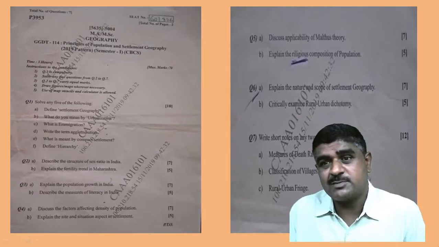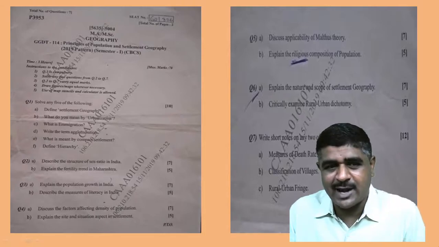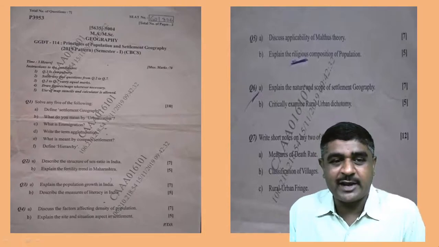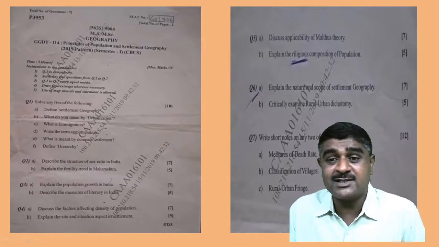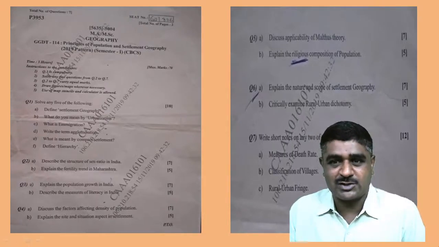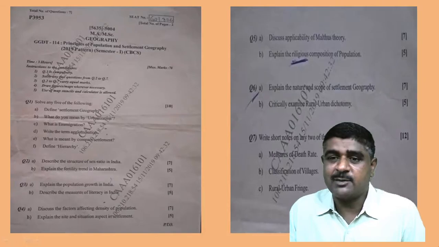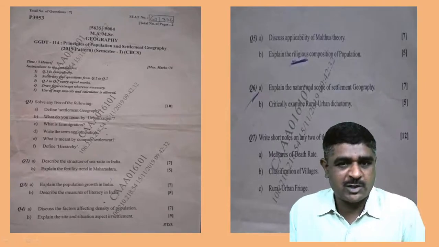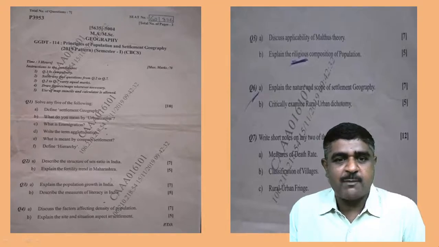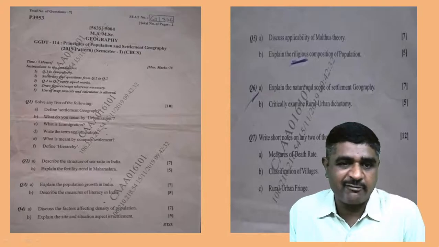Then what is meant by choice based credit system? It means you have the choice to solve any 4 questions among these 6 questions. So you take the benefit of that. Then question 1 carries 10 marks, which has 7 questions, among these 7 you solve any 5.